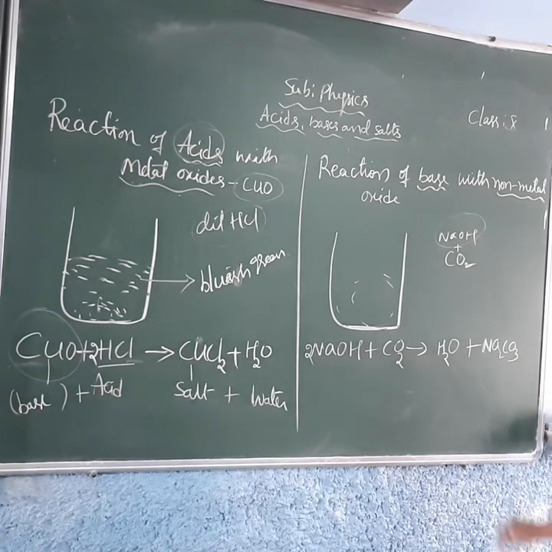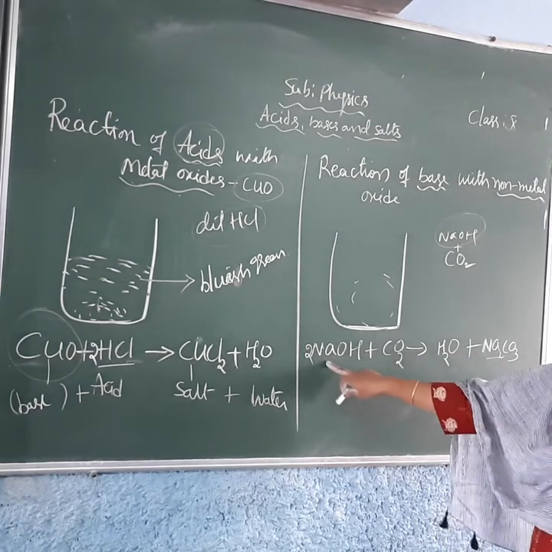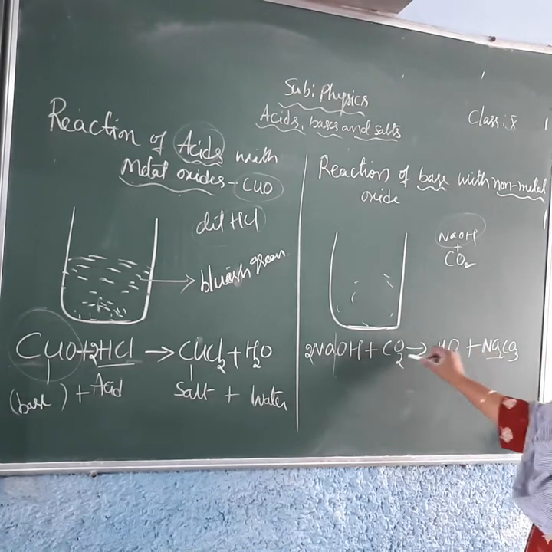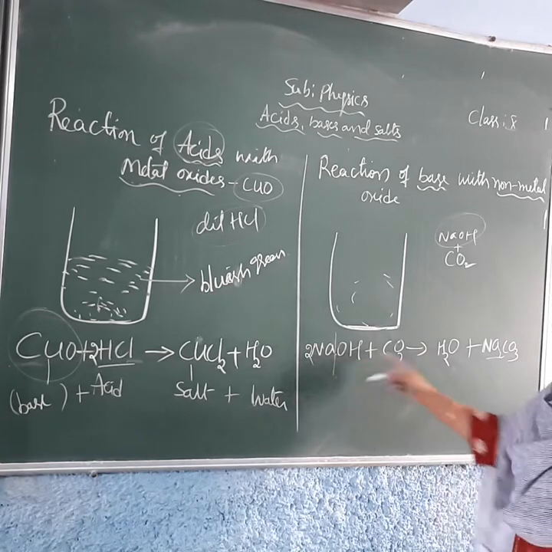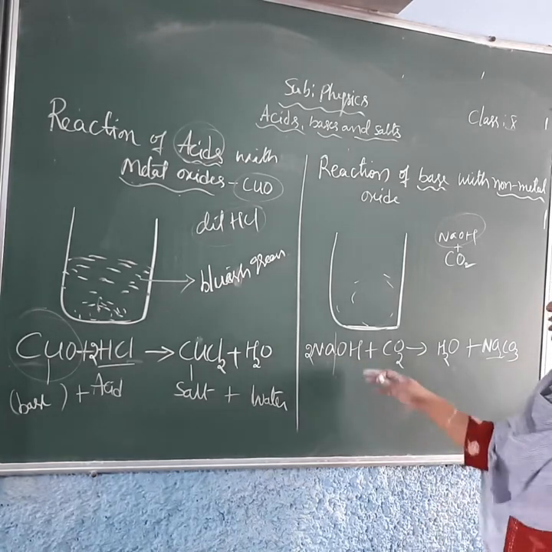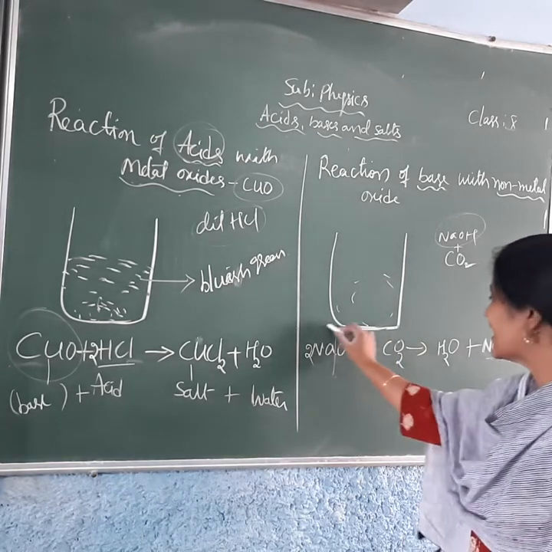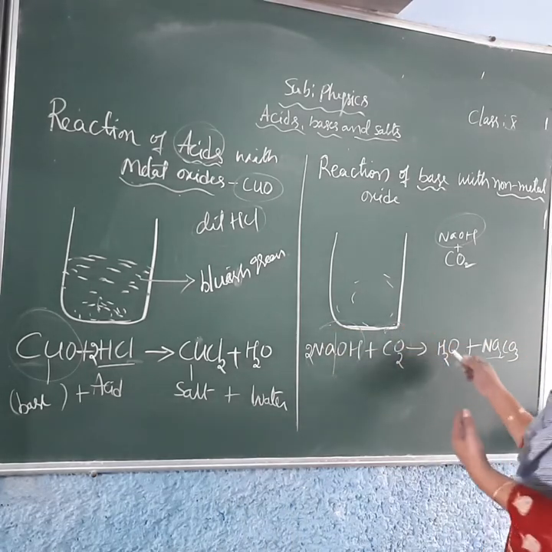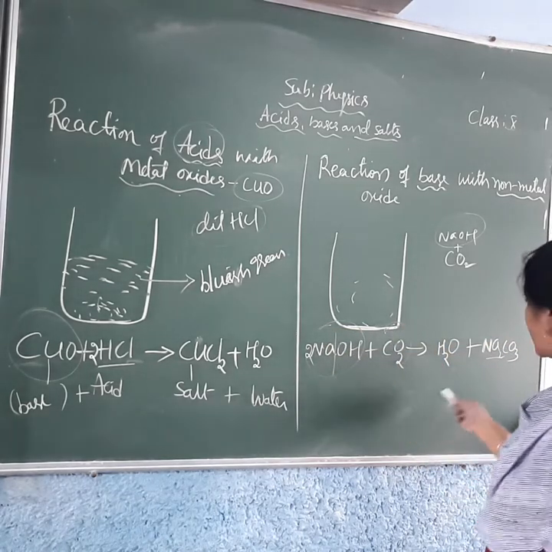Let us check it: Na 2 on both sides, carbon 1, oxygen 3 plus 1 is 4, hydrogen 2 and 2, oxygen 4. So it is balanced.